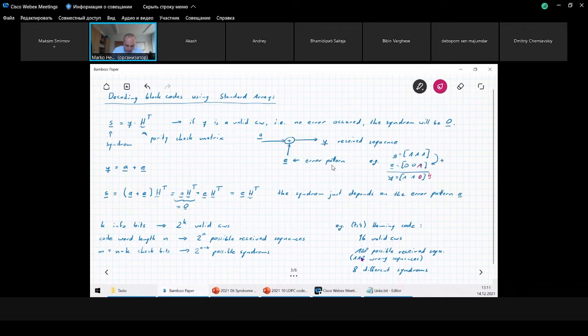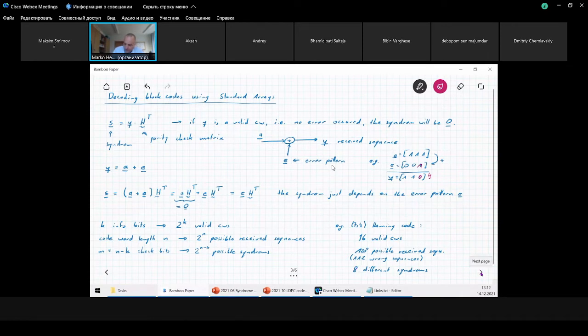But we only have 3 parity bits, check bits. With 3 check bits, we can get 8 different syndromes, 2 to the power of 3. So this means not all error patterns will have a different syndrome. We will have several error patterns which result in the same syndrome.